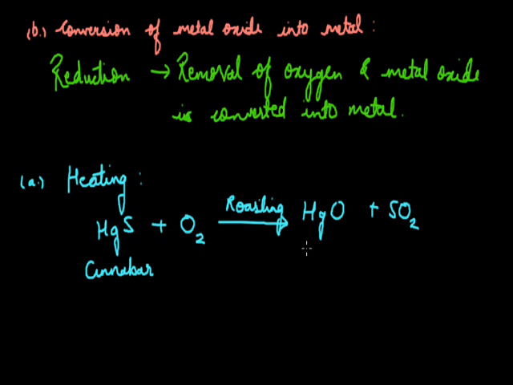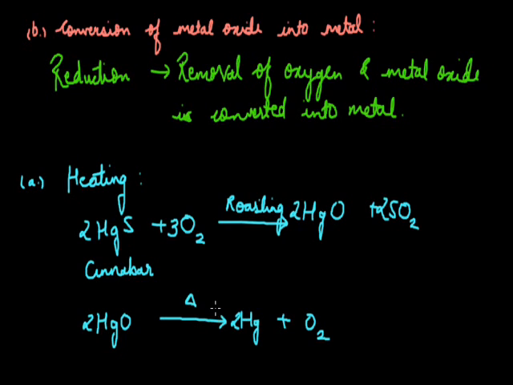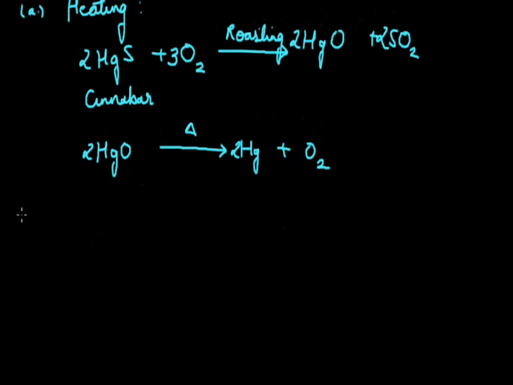Now the mercuric oxide which it forms decomposes, or by heating it breaks down into Hg plus O2. That is, mercuric oxide breaks into mercury metal and oxygen. So oxygen gas is liberated and the metal is left, that is mercury metal. Metal oxide will decompose into metal and oxygen by simply heating. It is applicable for the metals having low reactivity.